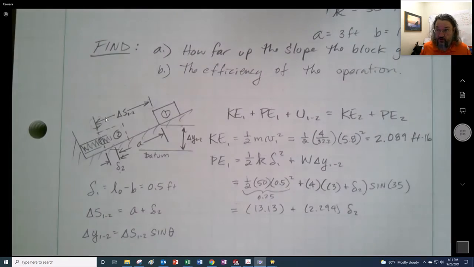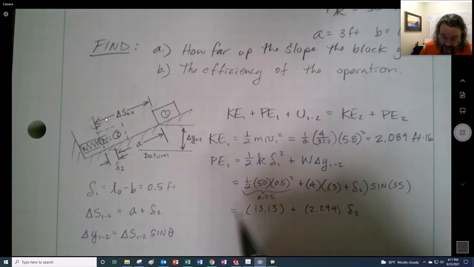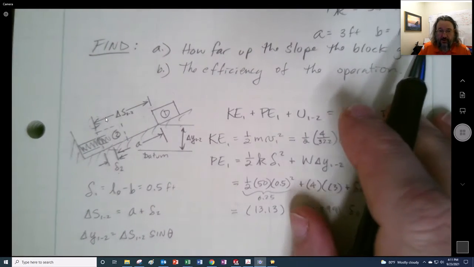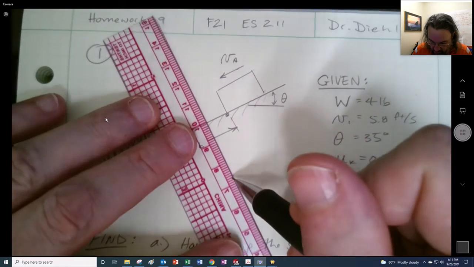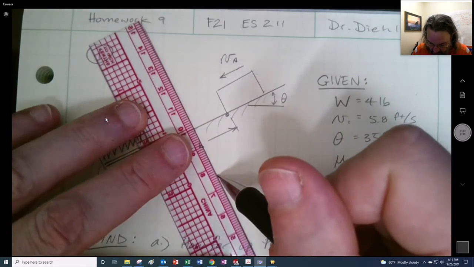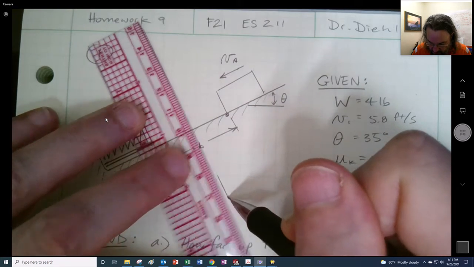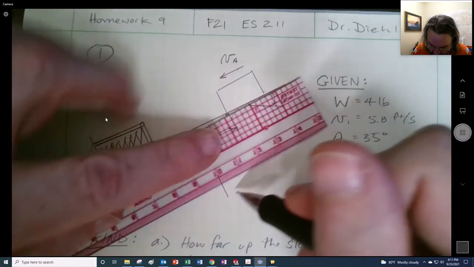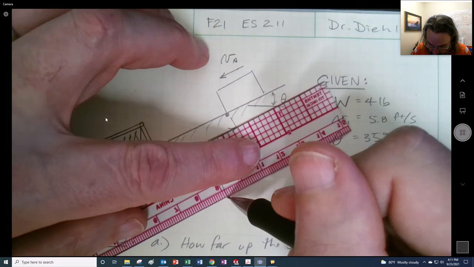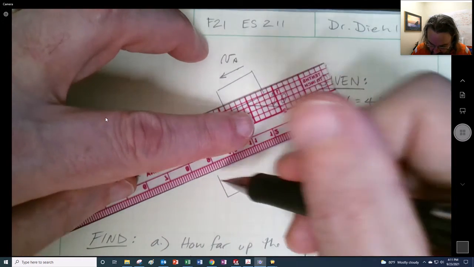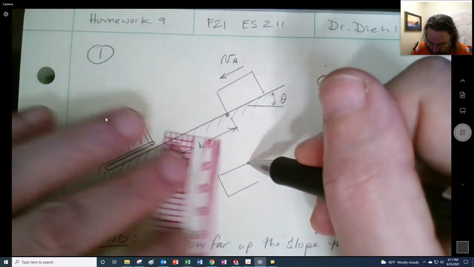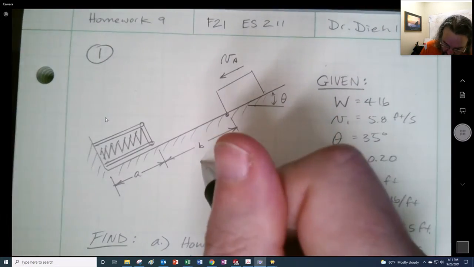All right. Now we're going to get the work that's going to take place. So there's going to be friction, and maybe I should have done the free body diagram up here. We'll do the FBD up here in this little space, because we should have done this originally. Maybe that's the first thing I should have done, but we'll fix it by putting it up here.